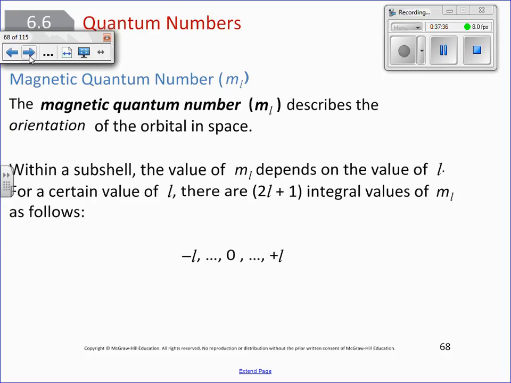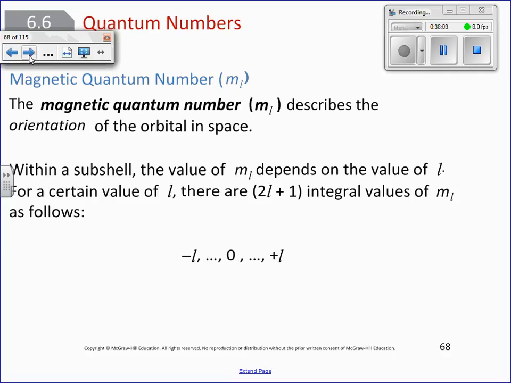So we come up here to 3, here we have an s, so that's 0. Here we have a 3p, minus 1, 0, plus 1, but here we have a d. So now we're going to have negative 2, negative 1, 0, plus 1, plus 2. Now we're at 4, we have an s, so that's 0.